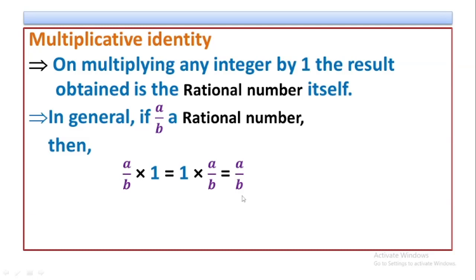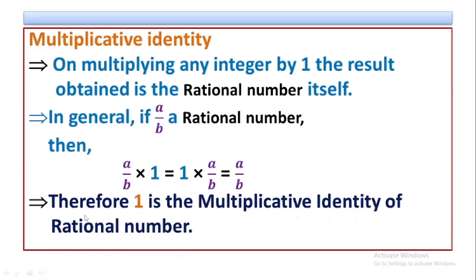So this property is said to be multiplicative identity. Therefore, 1 is a multiplicative identity of rational numbers.